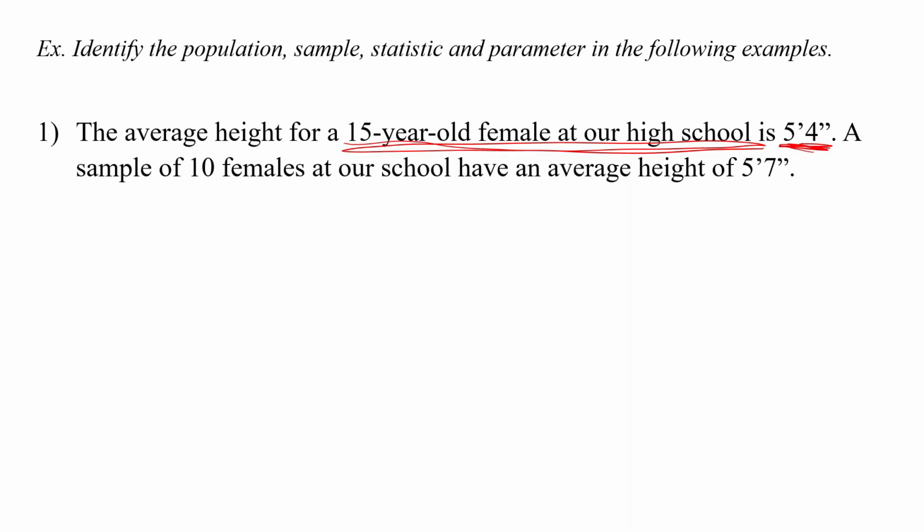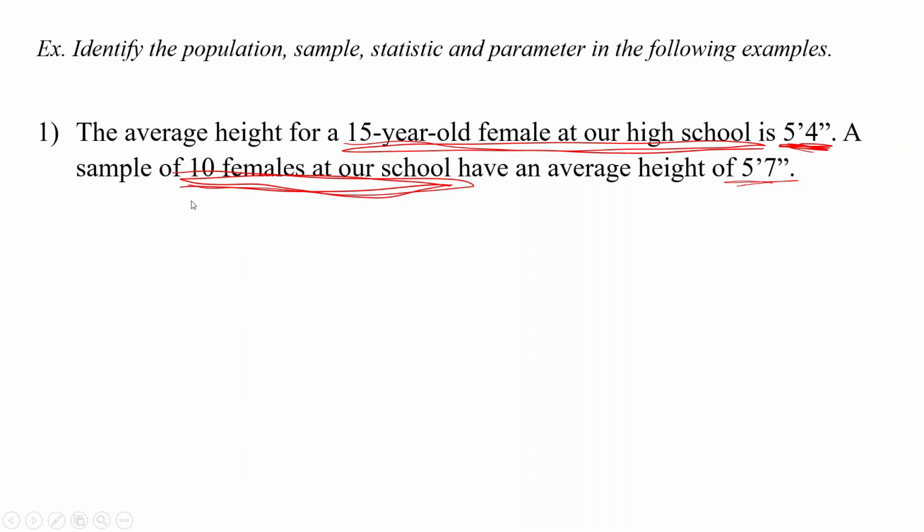Okay, so we make a statement about our whole population, and we say our whole population of 15-year-old females at our high school, their height is 5'4". We say we take a sample of 10 females at our school, and they have an average height of 5'7". Now the 10 females at our school, we would hope that those would be 10 15-year-old females.